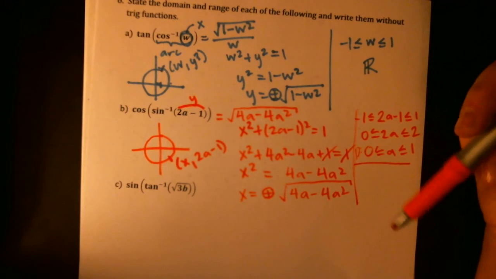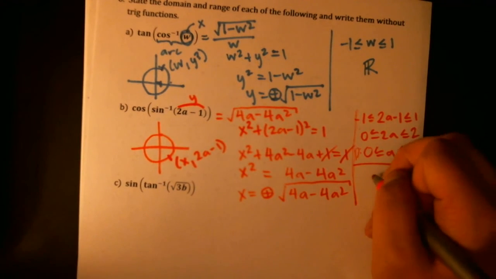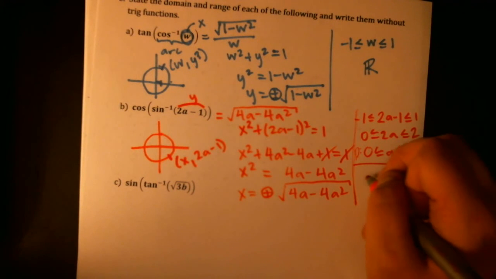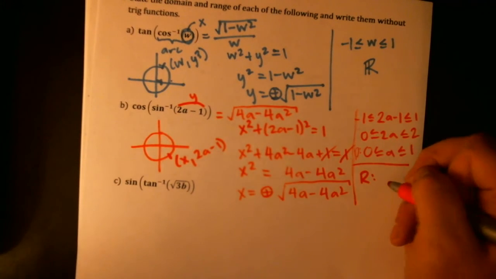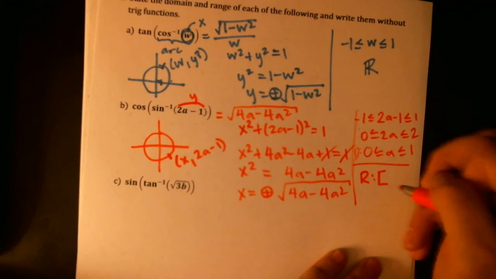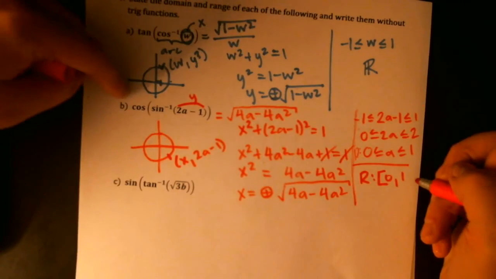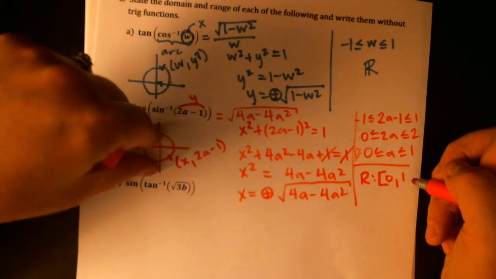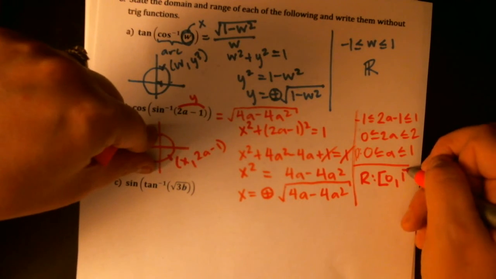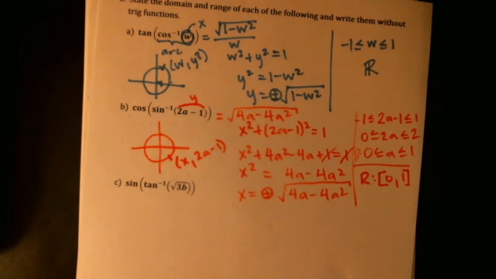And it looks like we can only get positive x values. So I'm going to say that my range, since I don't have it set equal to something, I'll write it with the other notation, is anything from 0 to 1. So outputs of this are x coordinates, and as soon as we force ourselves onto the right hand side, we can only get x coordinates between 0 and 1.